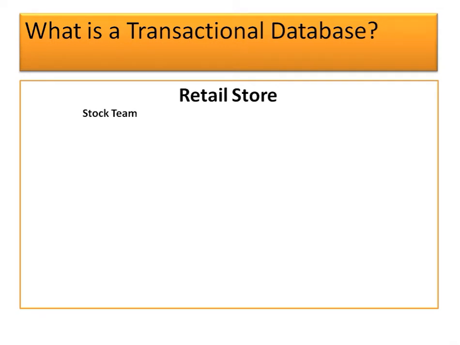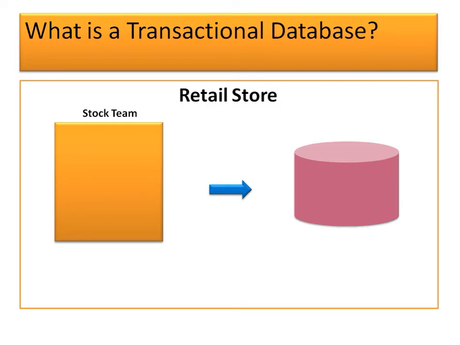A retail store is there. Within the retail store, there is a team called the stock team, where they will do the update related to stock whenever the product comes into the retail store. They will do the data modification or data update from the front end.